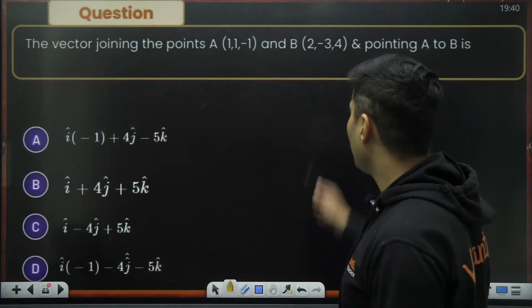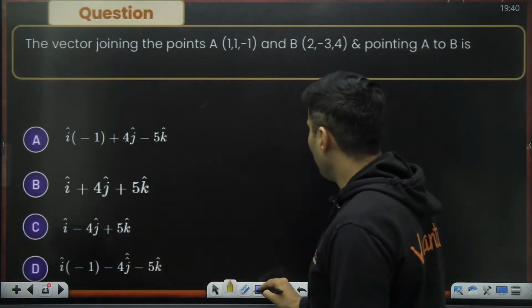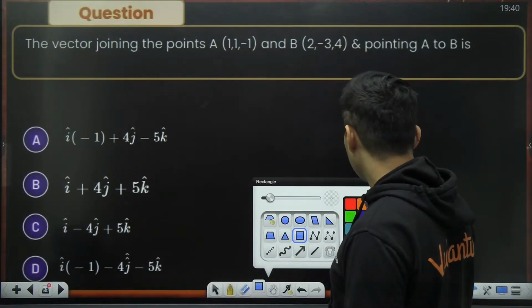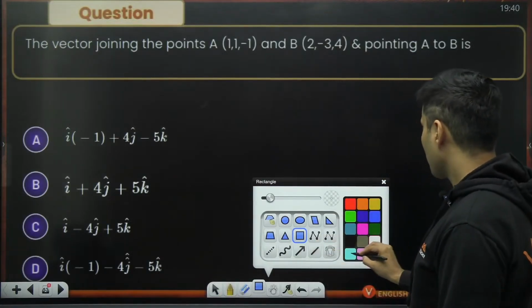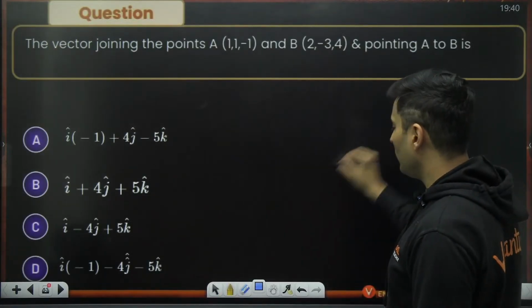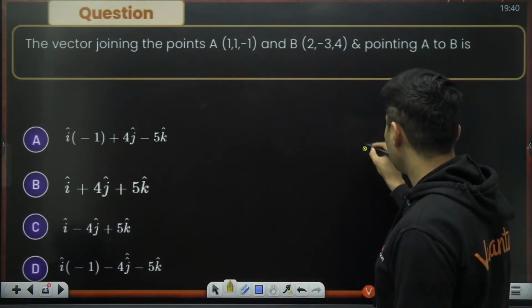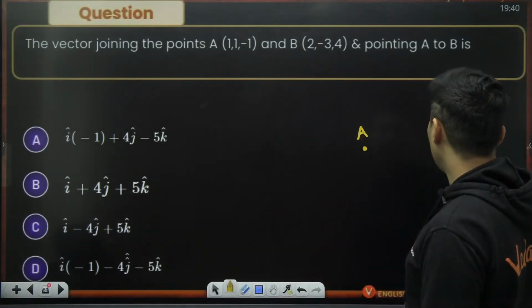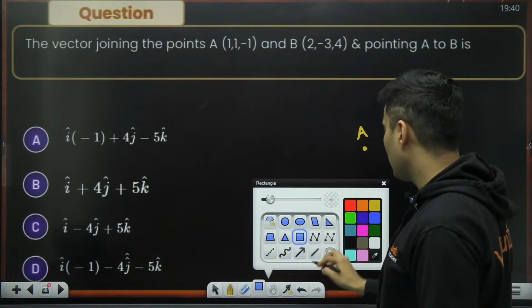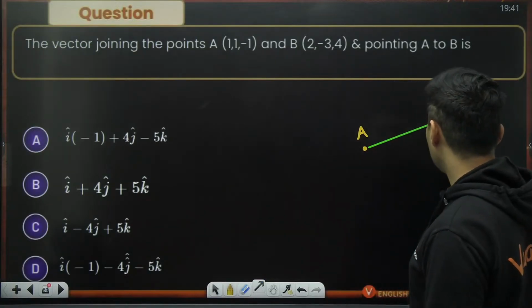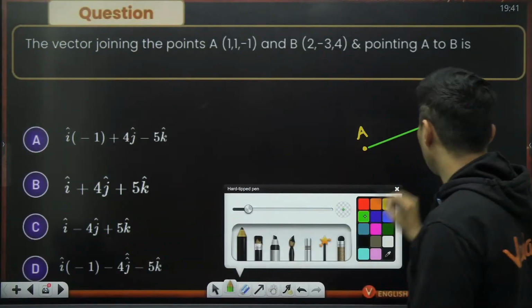The vector joining A and B is how much? Now these kinds of questions, be careful. Observe what it means. Imagine there is a point A over here. This is a point B over here. And a vector joining them means this vector. This is the vector that I want to find.